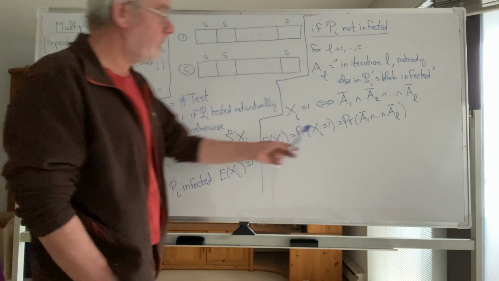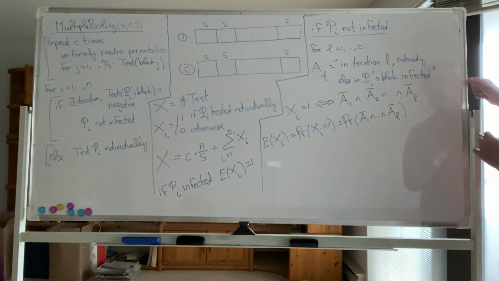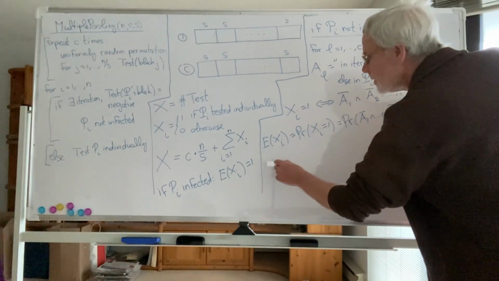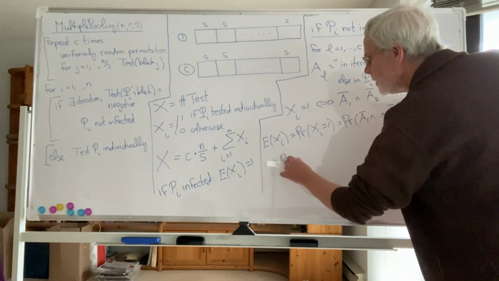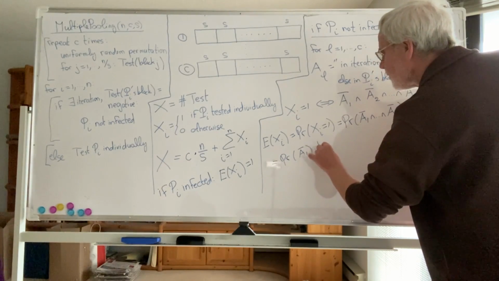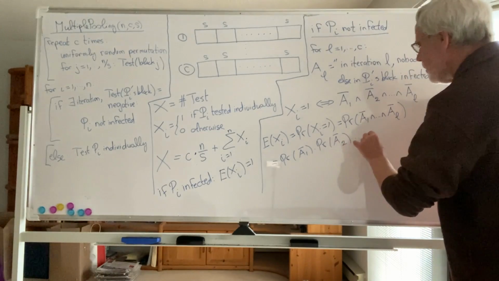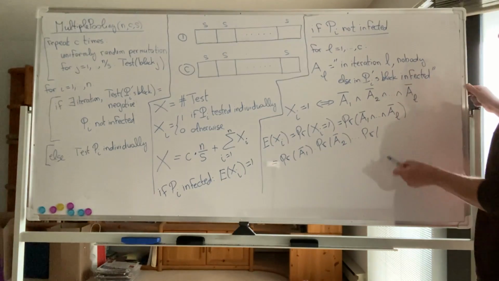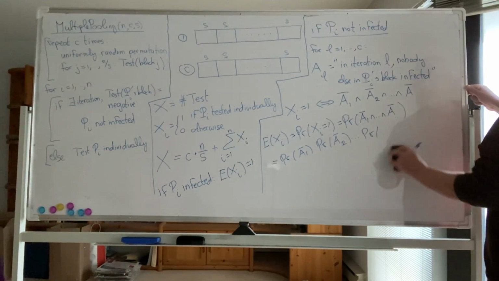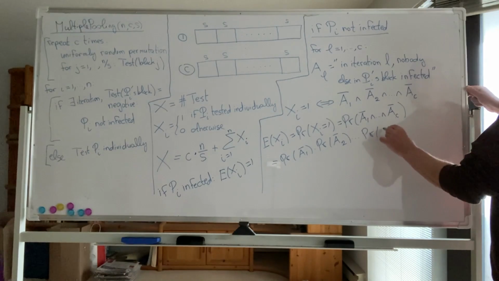Yeah, so in general, these events here are pairwise independent. No, sorry, they are mutually independent. So the probability of this is just the product of the individual probabilities. So this is probability A1 bar times probability A2 bar up to the probability of, there shouldn't be an L here, this should be a C. And this is A C bar.